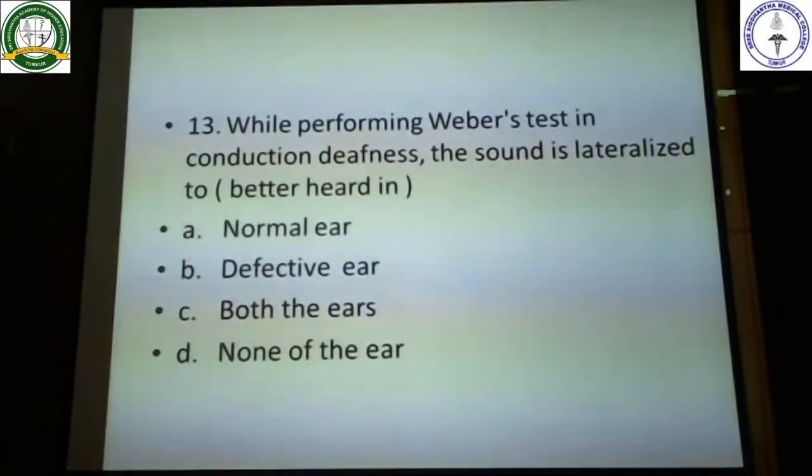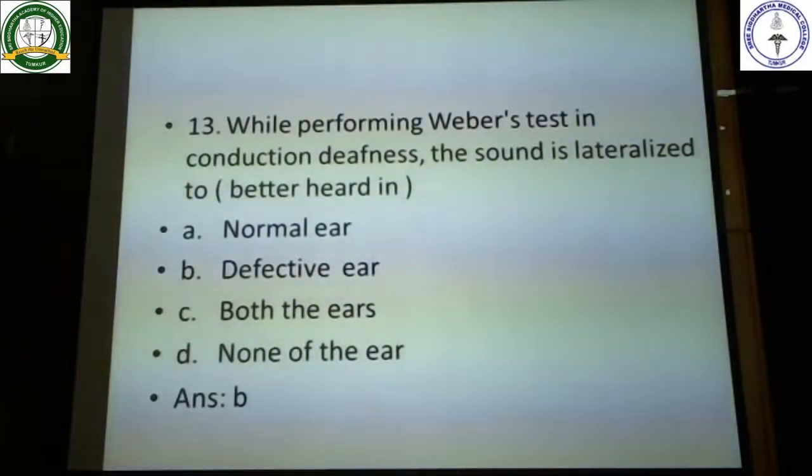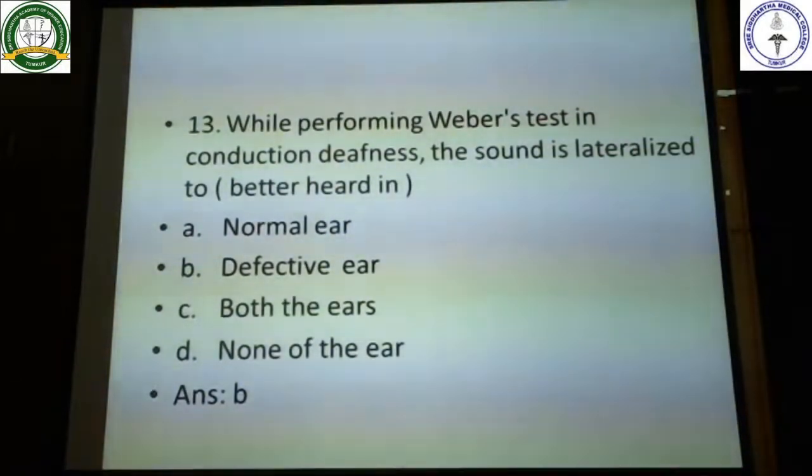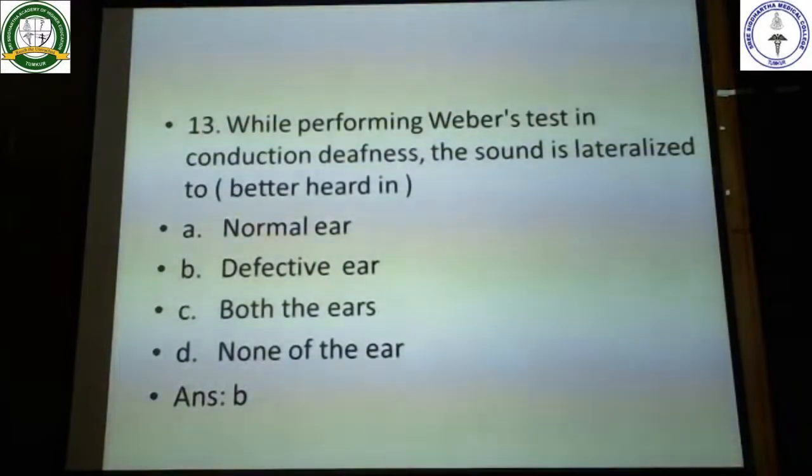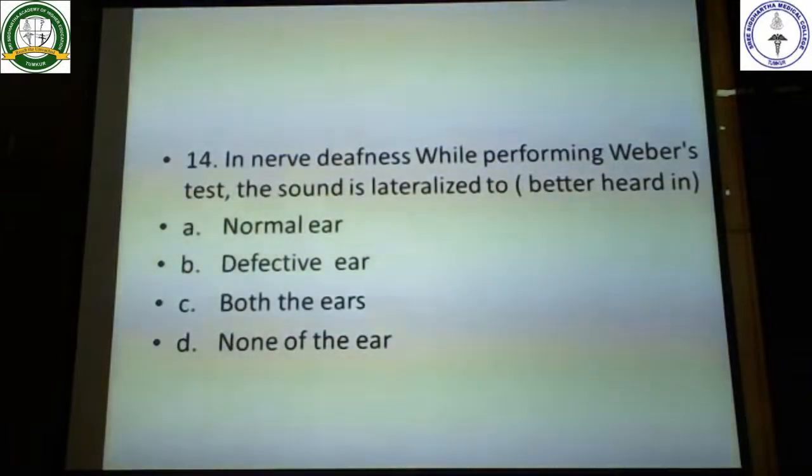It is better heard in the defective ear. That is Weber's test. In the defective ear, you can hear the best sound. So while performing Weber's test in conduction deafness, the sound is lateralized, or better heard, in the defective ear.